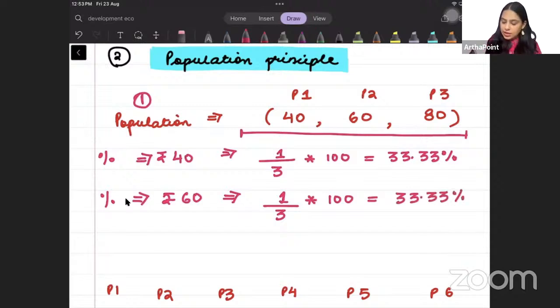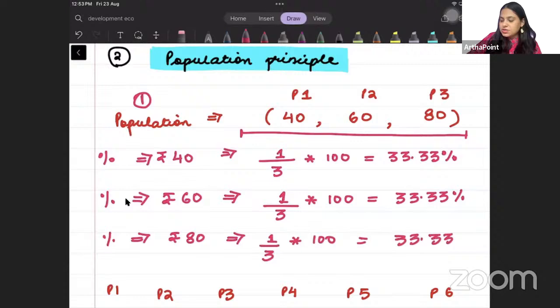In terms of percentage, how many people are earning 80? Again one person is earning 80 out of 3 people into 100. माने 33.33% of the population is earning 80.